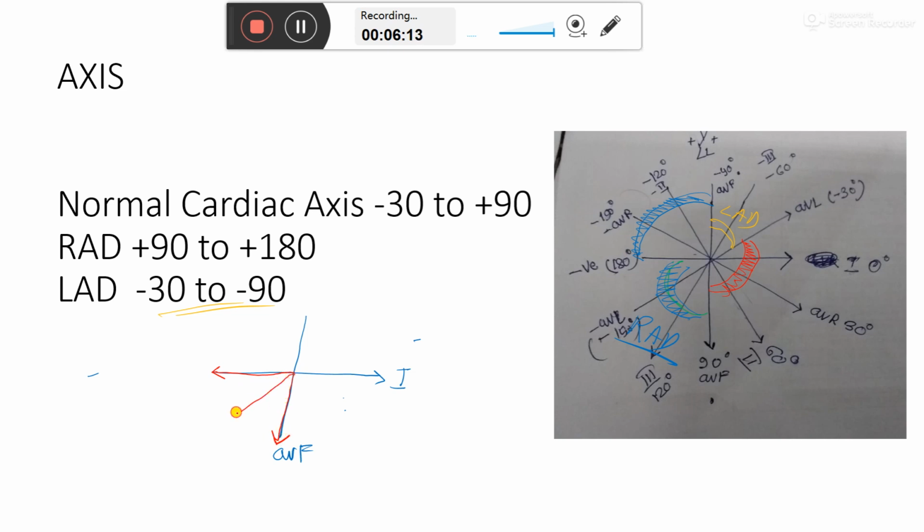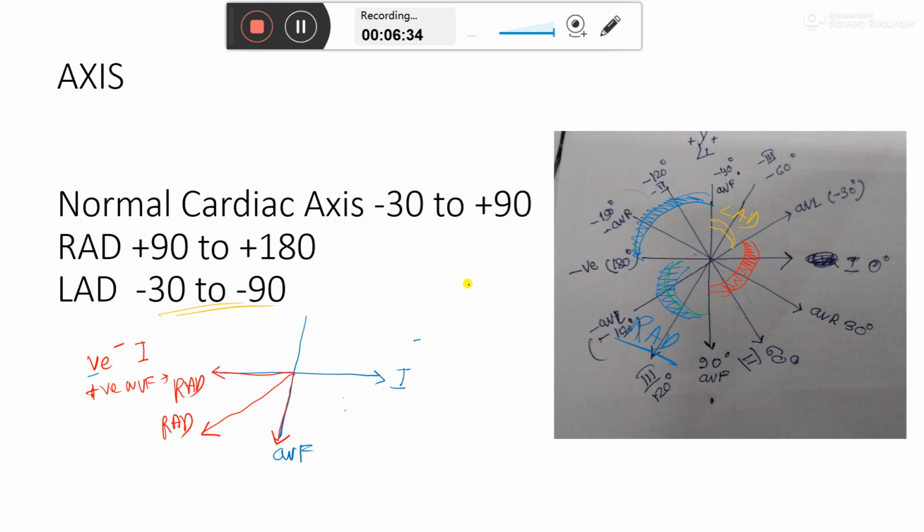So the net vector will be in this direction, meaning it becomes RAD. So negative in lead 1 and positive in AVF is RAD.